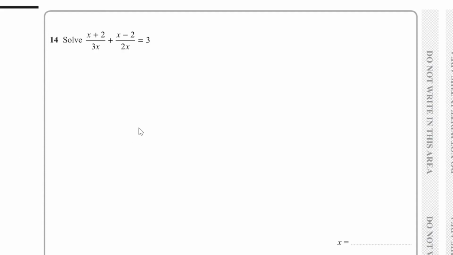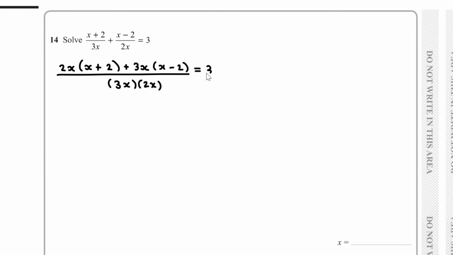Question number 14, we have to solve (x plus 2) over 3x plus (x minus 2) over 2x equals 3. Well, first thing we can do is combine the fractions on the left hand side, and if we do that, we've got 2x multiplied by (x plus 2) plus 3x lots of (x minus 2), over 3x lots of 2x, and this is all equal to 3.